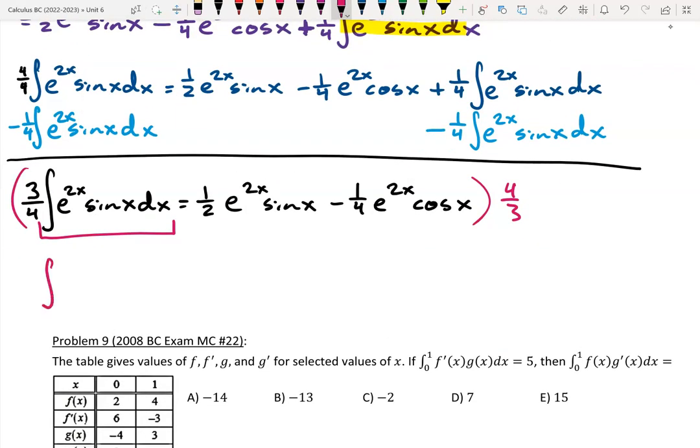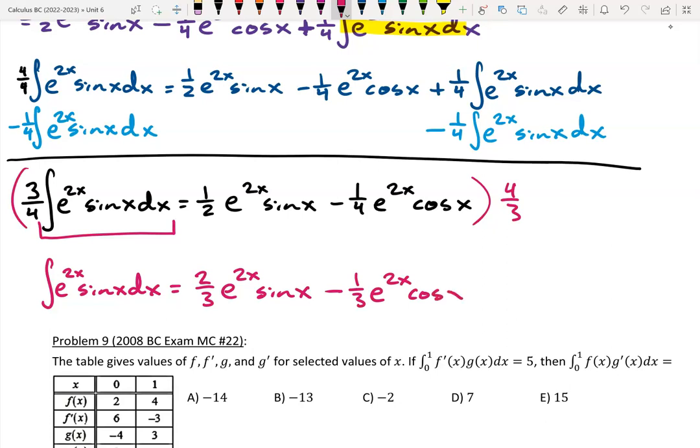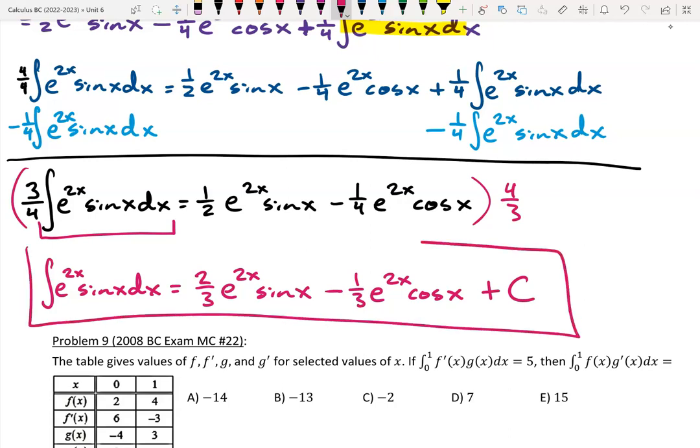And so finally, the integral of e to the 2x sine of x dx is equal to, let's see, 1/2 of 4/3 should be 2/3 e to the 2x sine of x minus 1/4 of 4/3 should be 1/3 e to the 2x cosine of x. And then, since this was an indefinite integral, we just need to remember plus C at the very end.